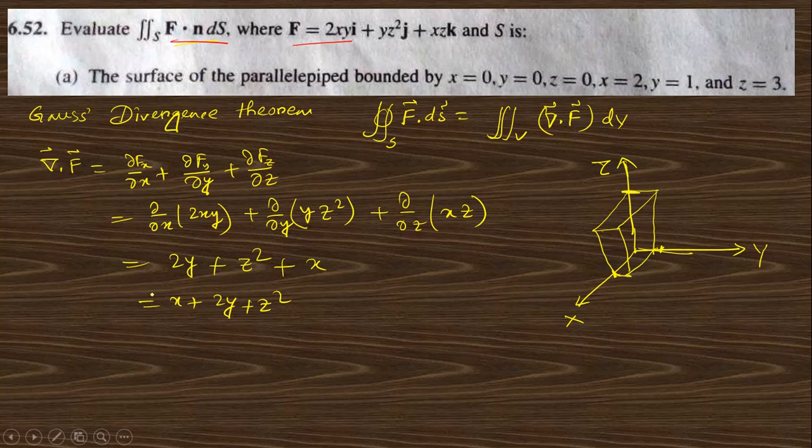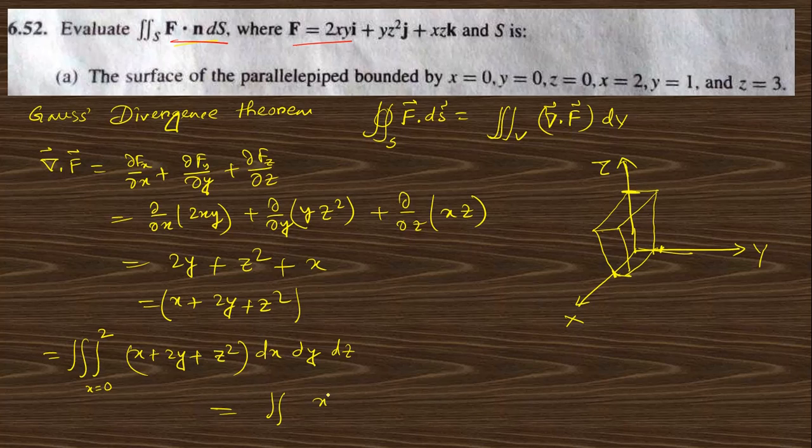Now you need to find the volume integral of x plus 2y plus z square dx dy dz. At first I want to integrate with respect to x, which changes from 0 to 2. Integrating gives x square by 2 plus (2y plus z square) times x, with x from 0 to 2.